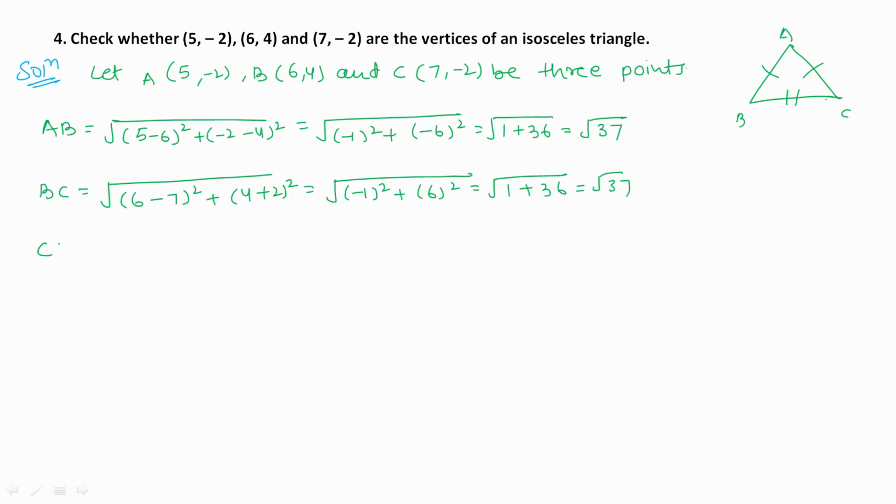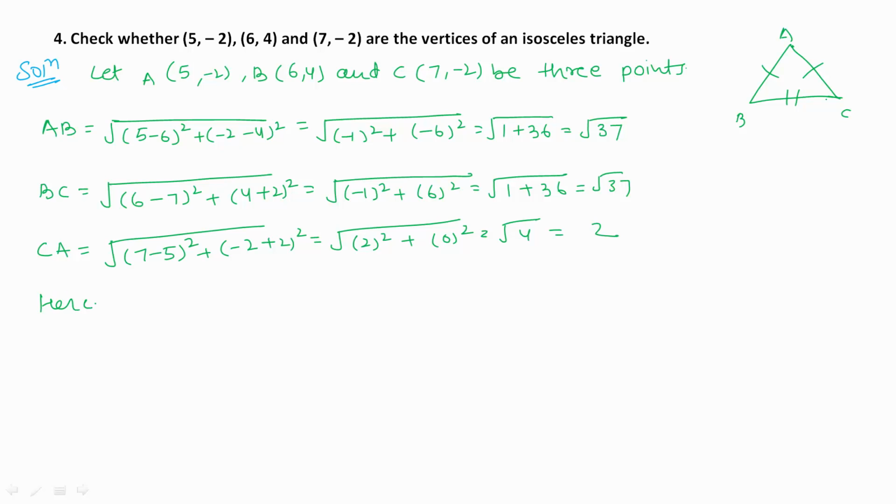And third, you have to find the distance of CA. The distance of CA is equal to under root (7 minus 5) whole square plus (-2 plus 2) whole square, which is under root 2 whole square plus 0 whole square. This is your 4 and this is 2.